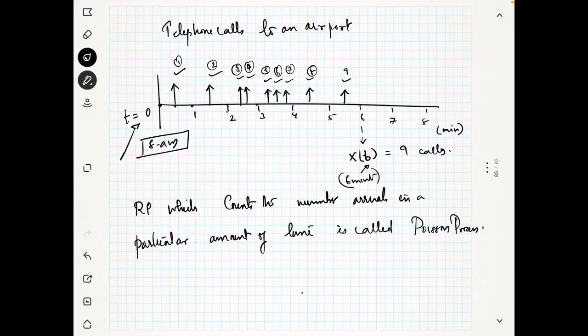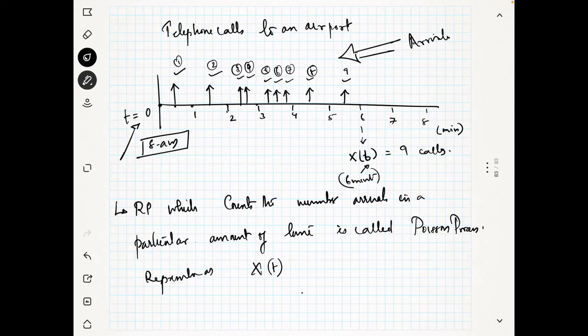It is usually represented as x of t, and here this is showing the arrivals.